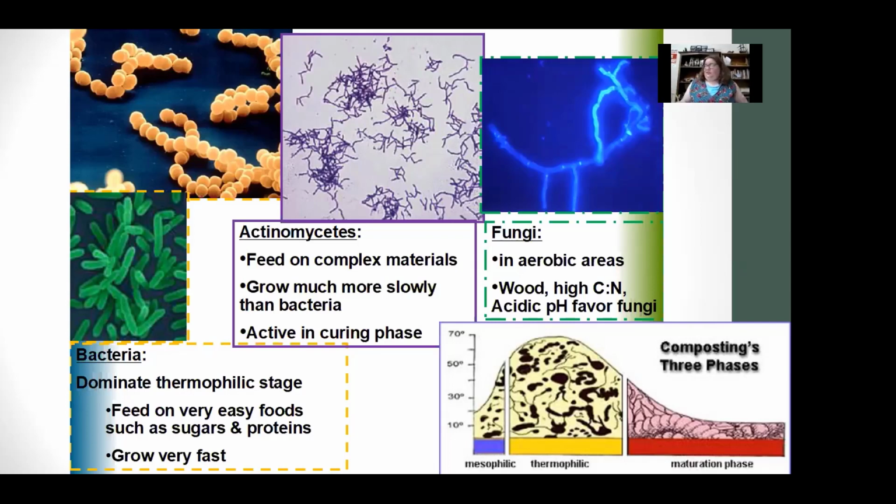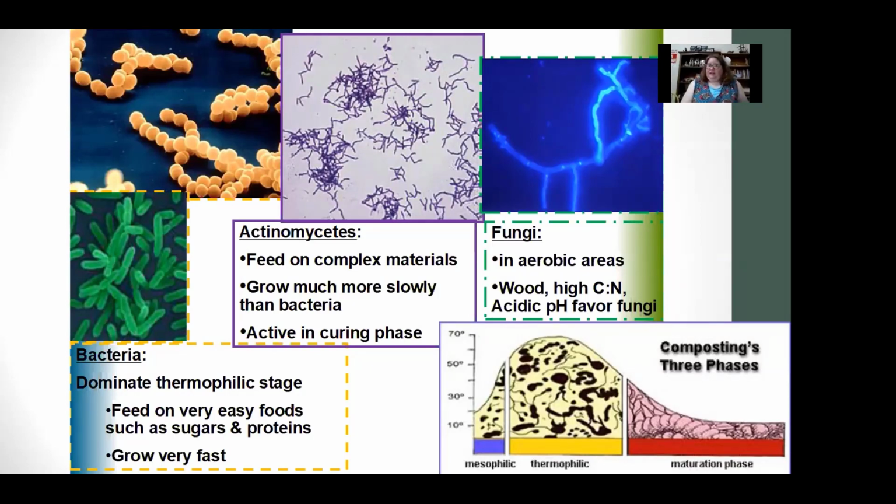And those more difficult to break down substances like the cardboard and the leaves, and if you've got wood chips in there or straw, any of those kind of brown materials, those don't break down as fast, but they do give a lot of aeration and a lot of insulation. So as those bacteria eat the easy food, they generate heat from their metabolism. The browns insulate, your pile gets hot.